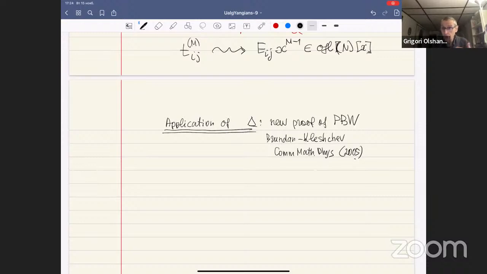The fact that the linear span is the whole algebra is trivial, but the non-trivial part is that the ordered monomials are linearly independent. So this can be stated in the following form.